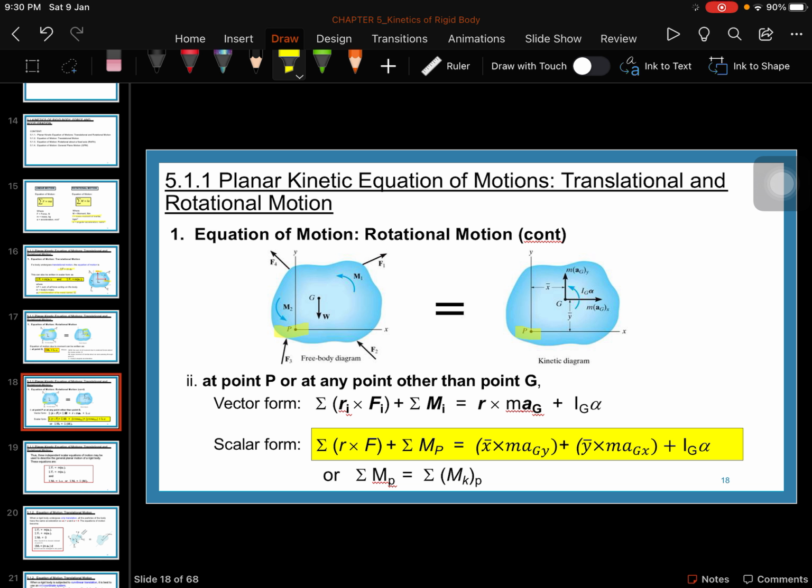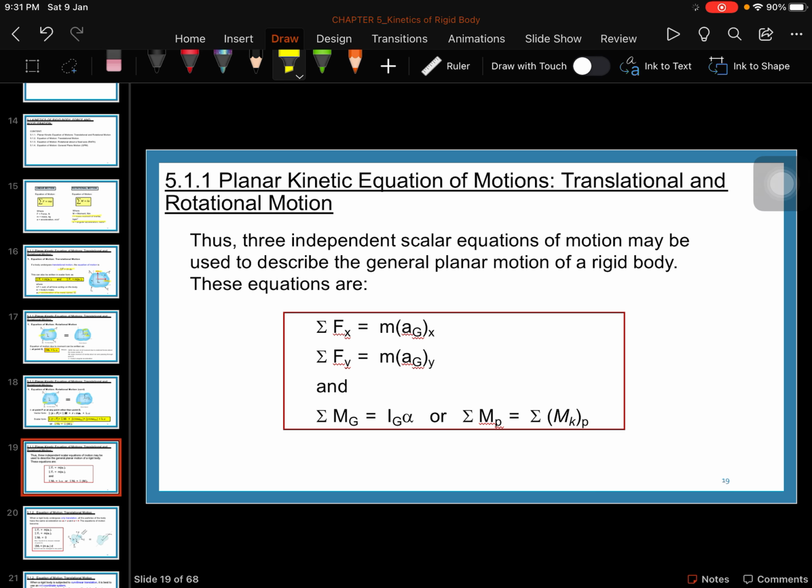Also, in scalar form, the summation of moments at P equals the summation of (Mk)P.